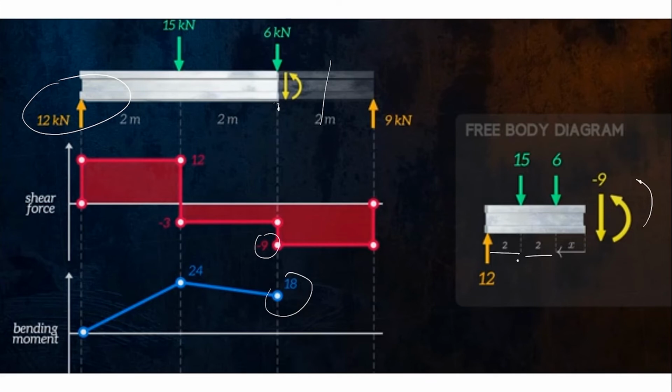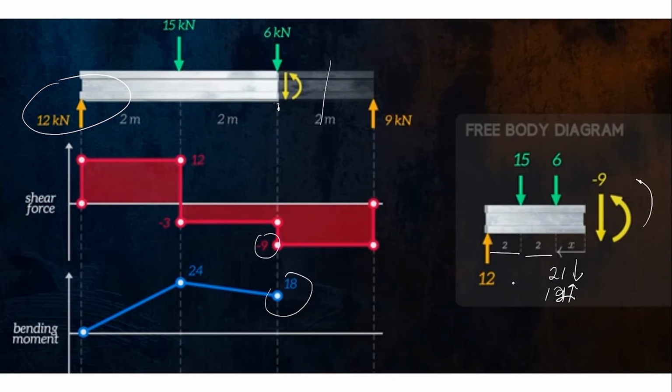So, pag tiningnan natin, ano yung summation of forces nito? Ilan ba to? 15, 21, tsaka 12. Tama ba yan? So, 15 plus 6, 21. So, 21 is going down. Then, 12 is going up. So, 21, tama, 15 plus 6, then 12.